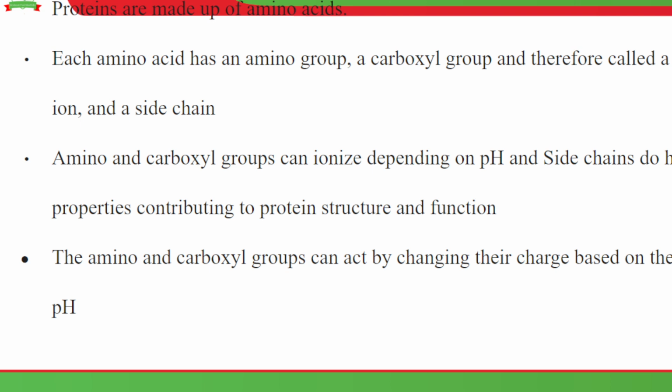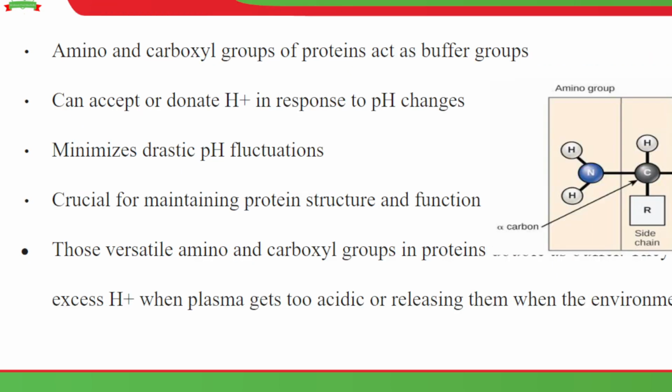If the surrounding pH is alkaline, the carboxyl group will ionize and release hydrogen ions to neutralize it. If it is acidic, the amino group will accept the hydrogen ions. So let's get to understand buffers and how they maintain a balance.